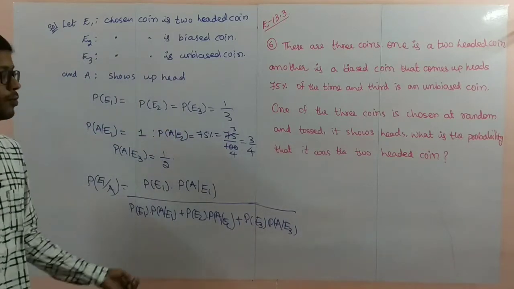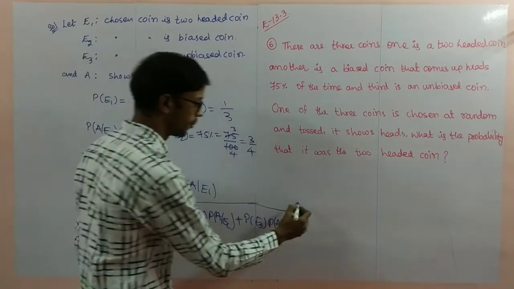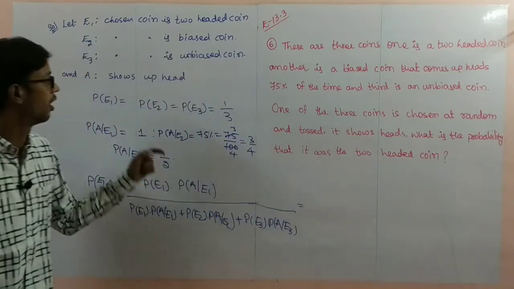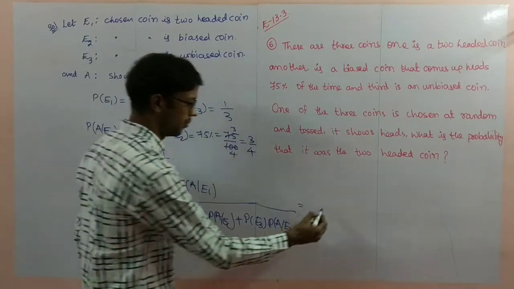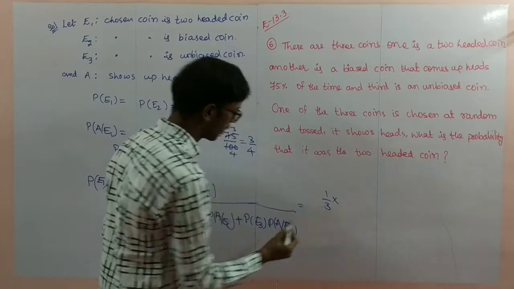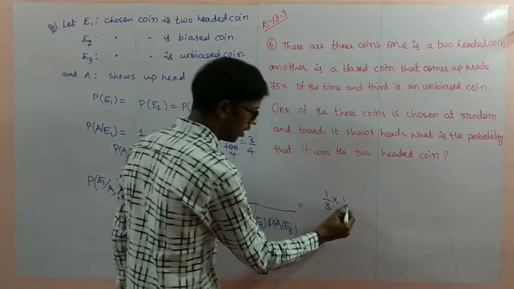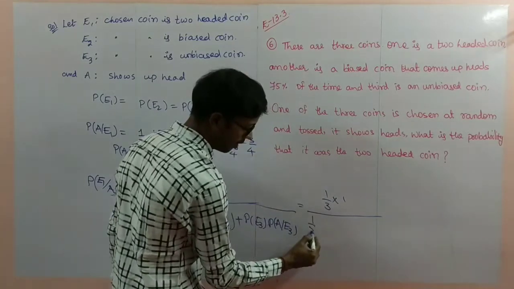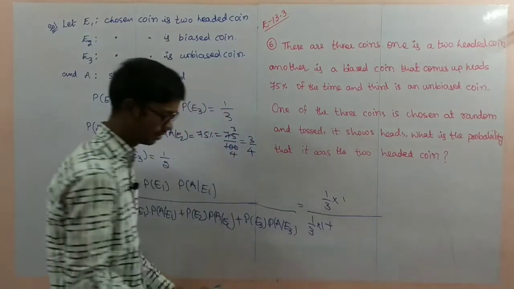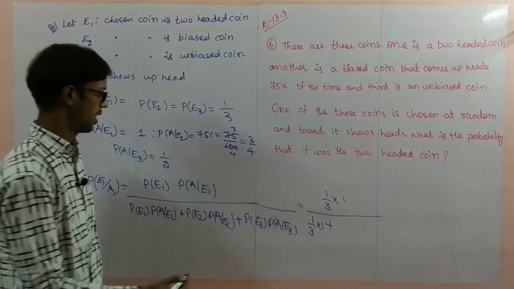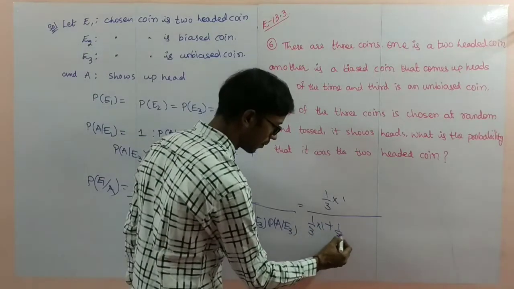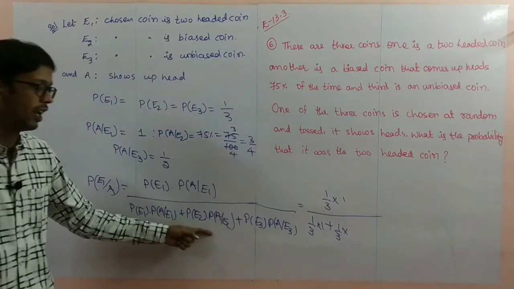So now substitute all the values here. P of E1 is 1 by 3, into P of A by E1 is 1, divided by 1 by 3 into 1 plus P of E2, 1 by 3. What is the P of A by E2?